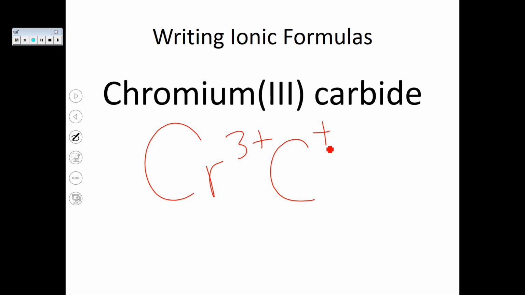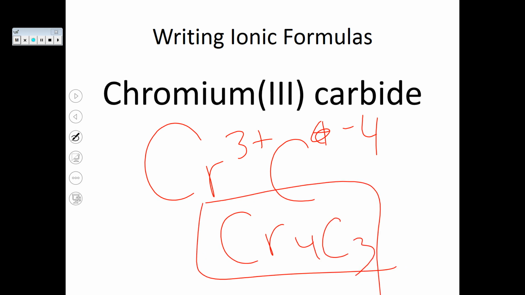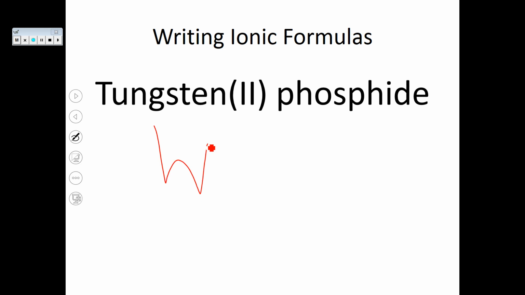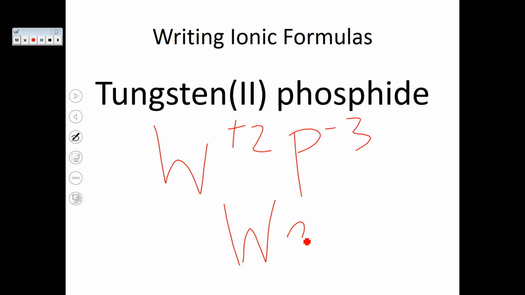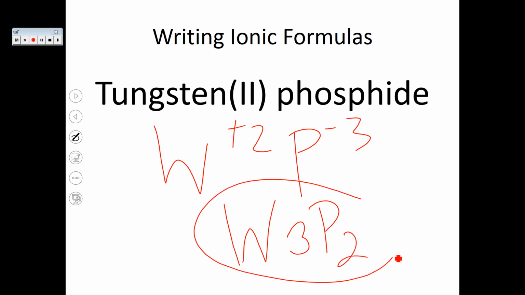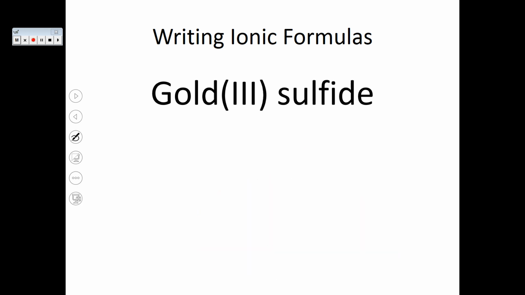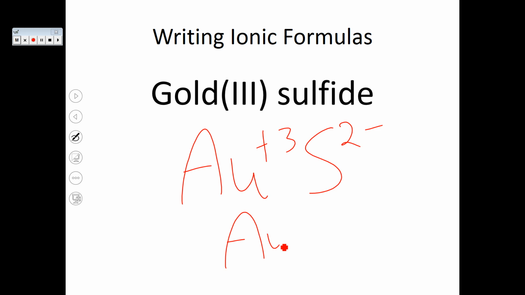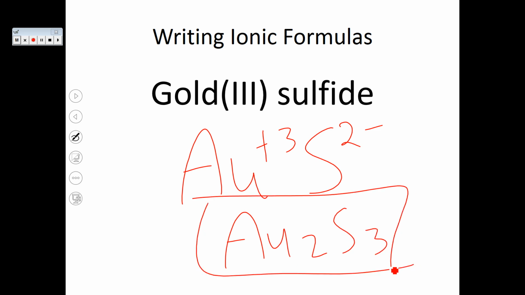Carbide, which is carbon, it's going to be -4, so it's Cr4C3. Tungsten, W +2, phosphorus -3, W3P2. Gold 3 sulfide, Au +3, S -2, Au2S3. So it's just the same as we've been doing, except that this number now comes from the Roman numeral of the metal.